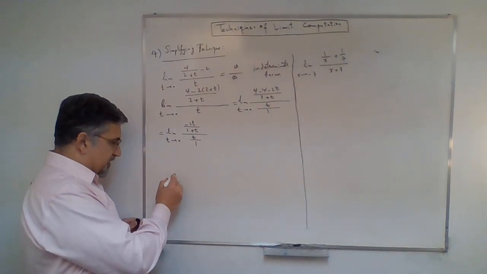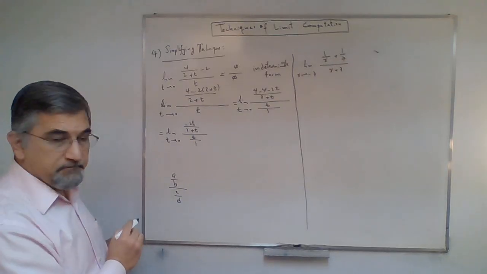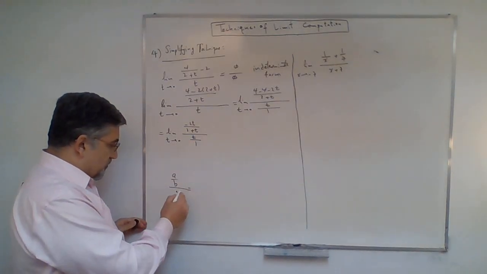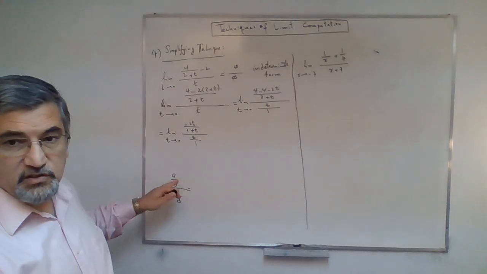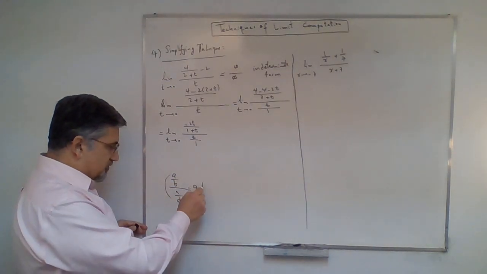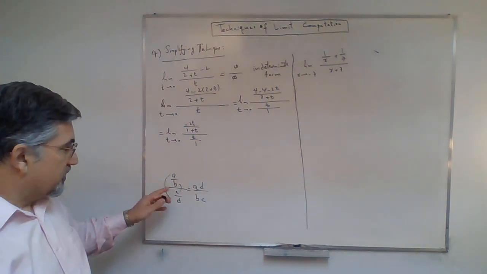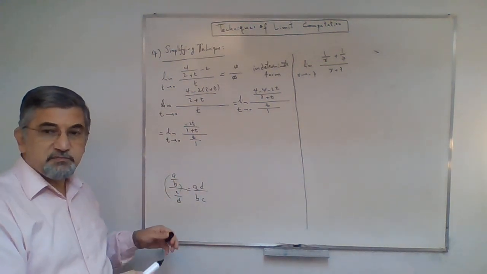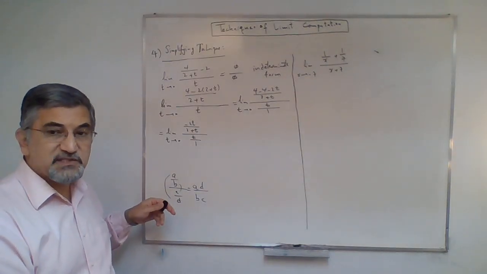Whenever you have a fraction like a over b divided by c over d, we can say that a and d are far from one another, but b and c are near and close to one another. So far by far goes in the top, and near by near goes in the bottom. This is a shortcut for simplifying fractions whose numerators and denominators are both fractions themselves.